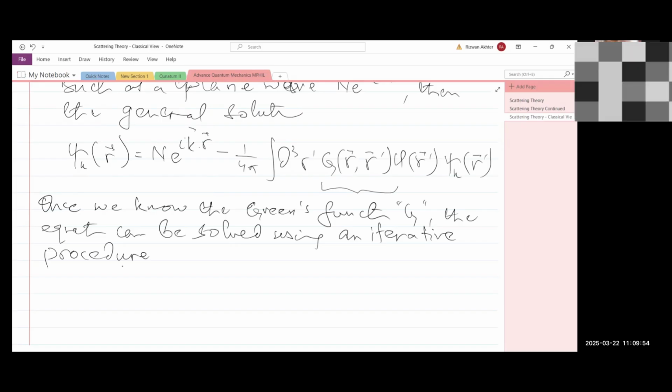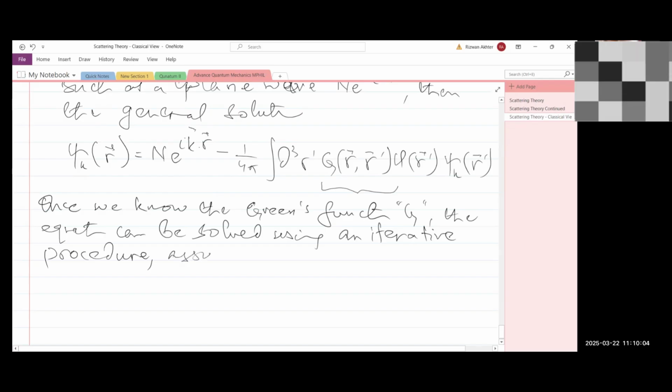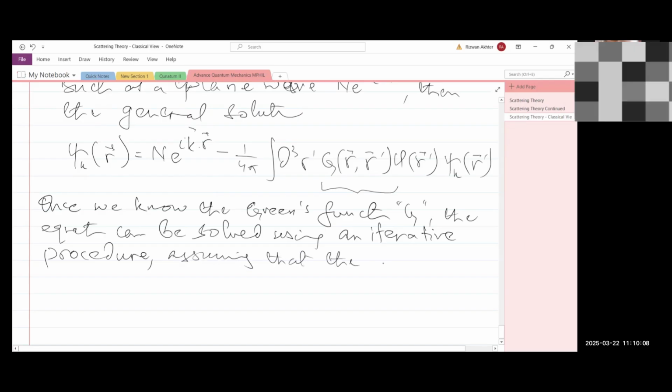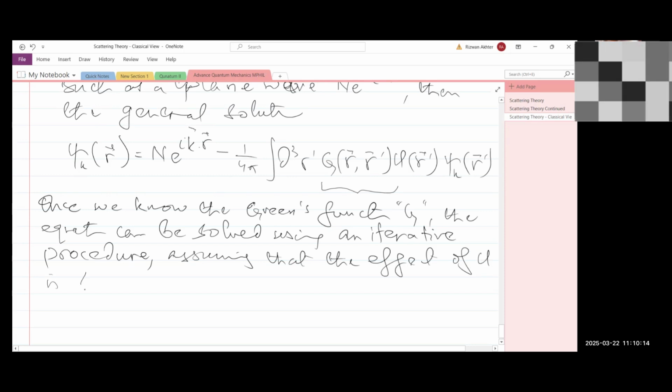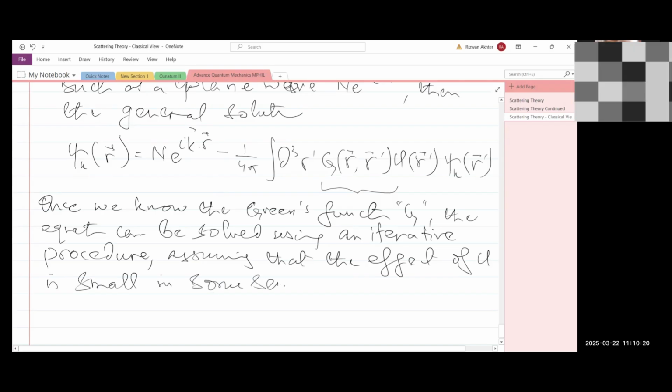But in this case, in the iterative procedure, we have to assume that the effect of u is small in some sense. That is what is basically assumed.